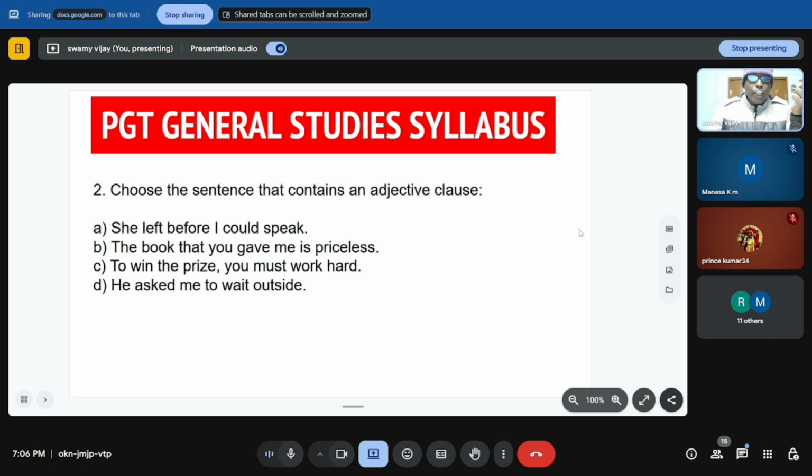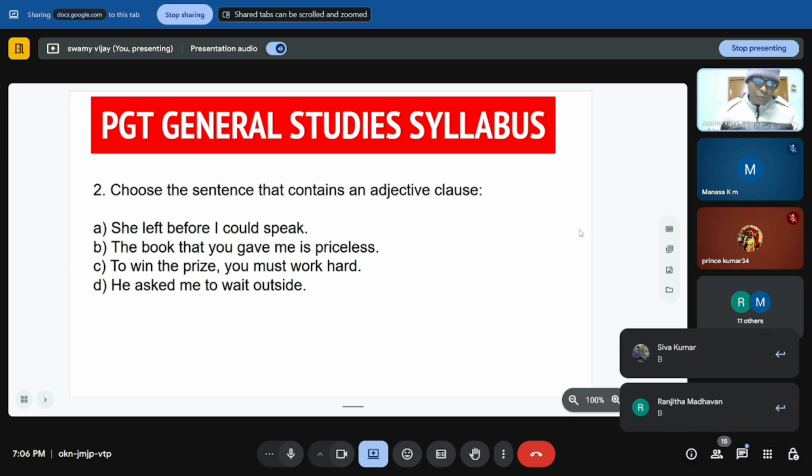The book that you gave me is priceless. To win the prize, you must work hard. He asked me to wait outside. So which sentence contains an adjective clause? What is an adjective clause? A group of words which acts as an adjective, which modifies and explains the quality of the noun.